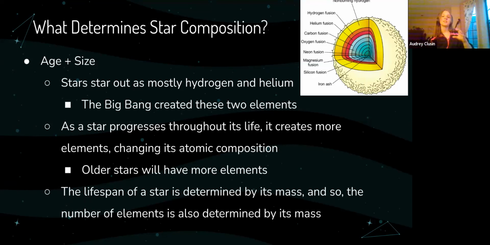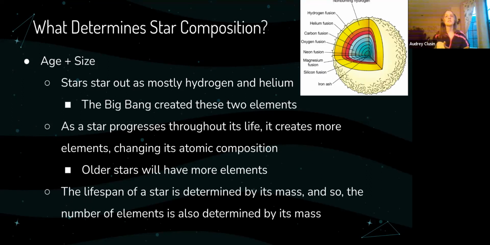So it has different elements that it can do fusion with. As it goes on with its fusion process, it produces helium and then carbon, and then it starts doing oxygen, neon, keeps going on. So the older a star is, the heavier the elements inside of its core are going to be because it's had more time to produce them.